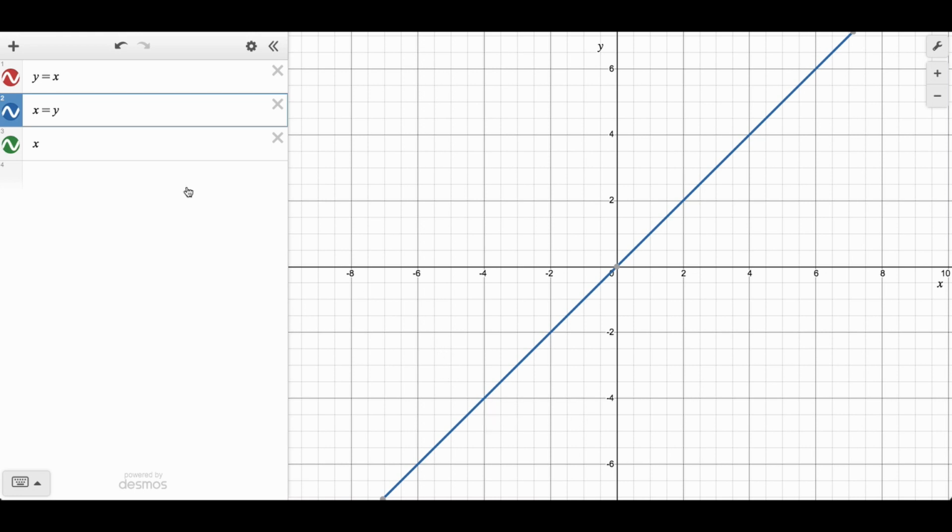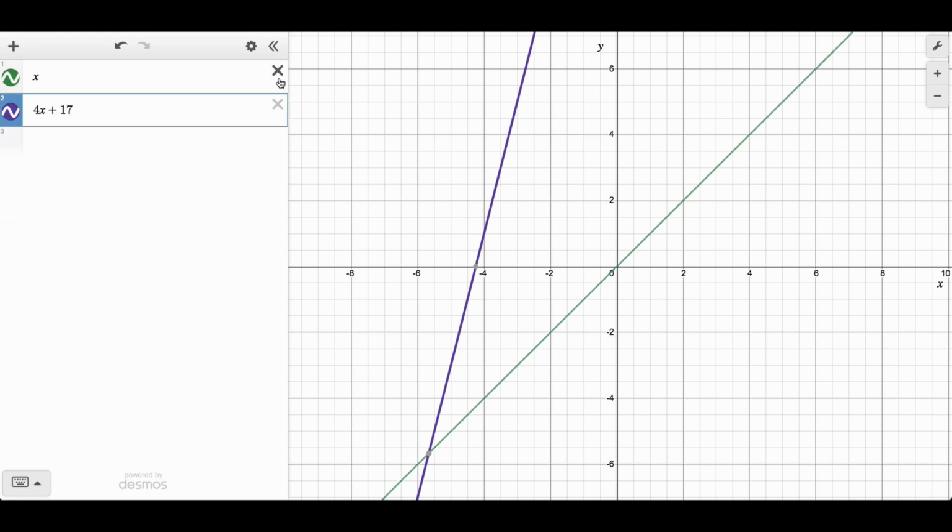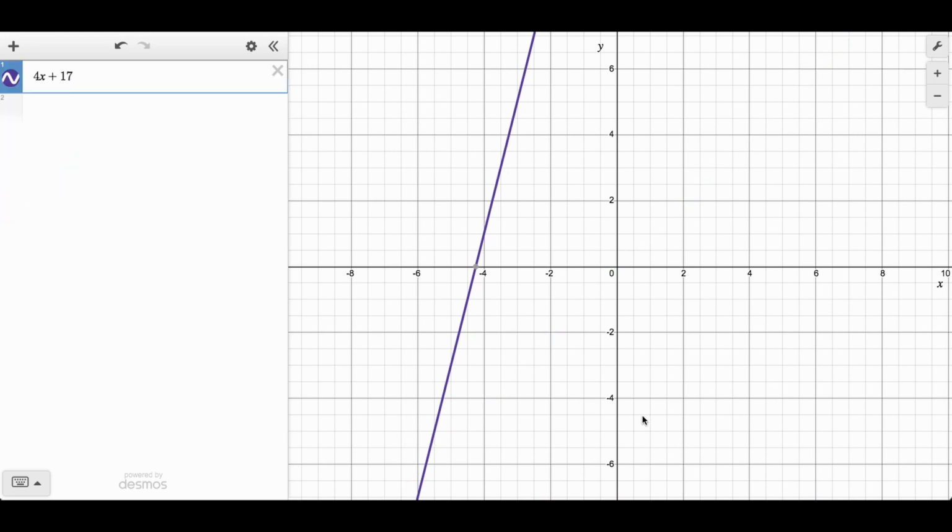So let's change the equation a little bit. Let's go back to that first equation we were solving and put in the first expression, 4x + 17. You can see that this is a different line now. We're being shown this line right here. If I just x these out, this first line will disappear, and we'll be left with this line.